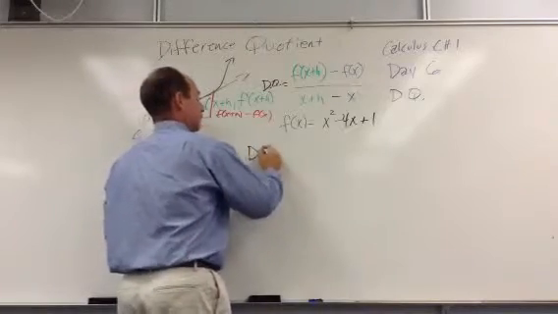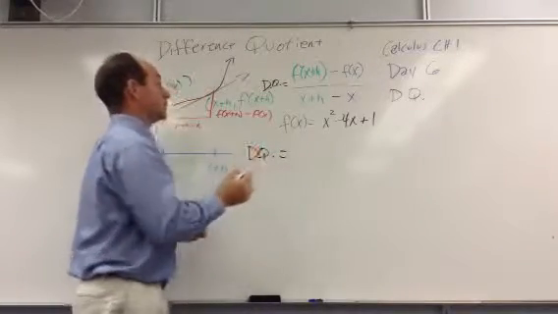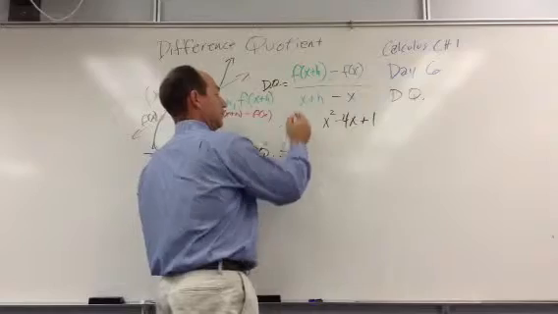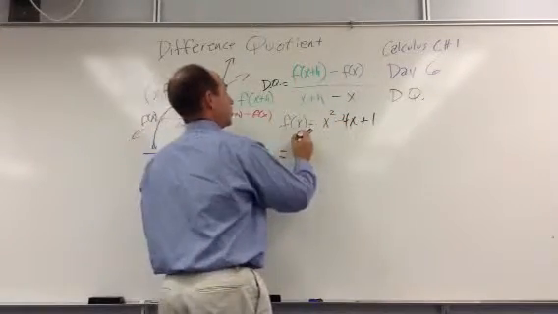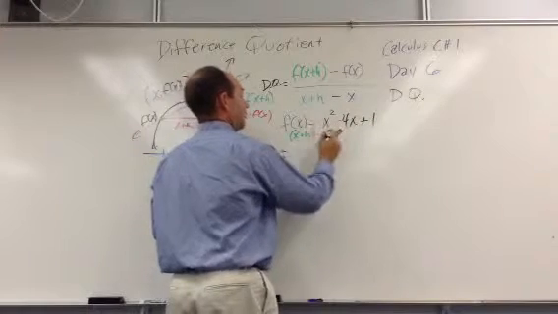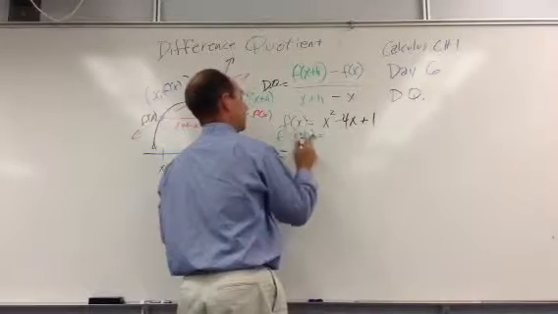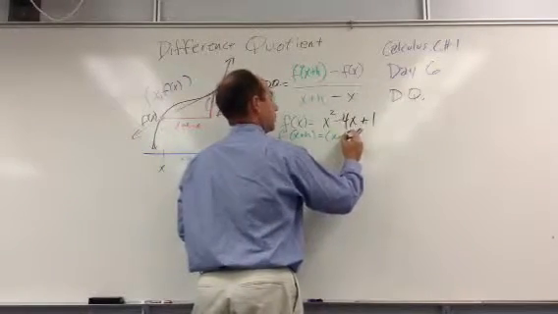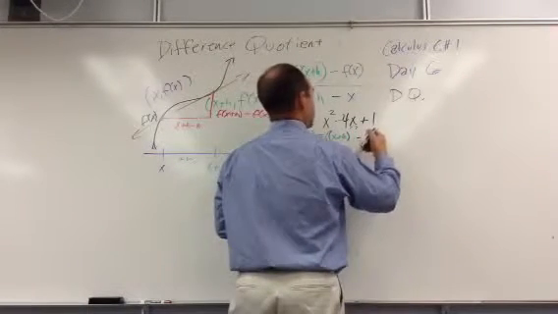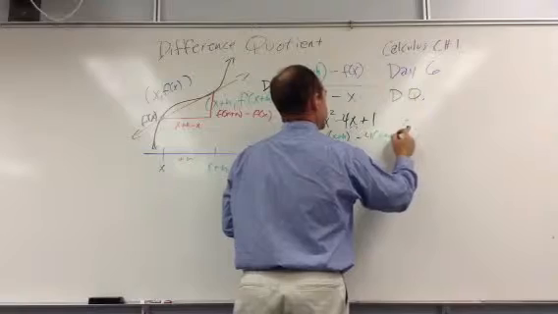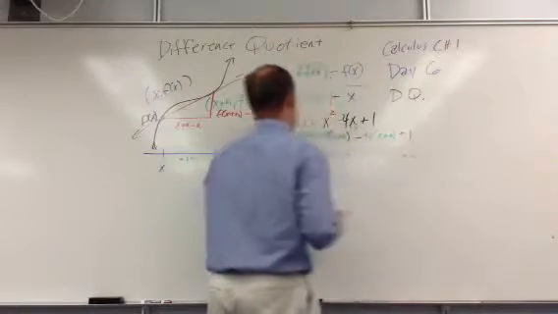So the difference quotient for that function is simply the value of the function at x plus h. Now this is the interesting part. I need to put x plus h into that function. So f of x plus h is x plus h squared minus 4 times x plus h plus 1.